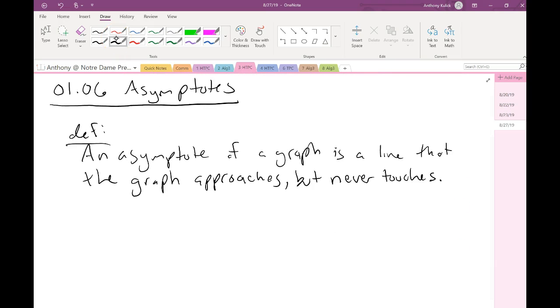And again, when you take calculus, you'll get a more rigorous definition of what an asymptote is, because what the heck does the word approach mean?